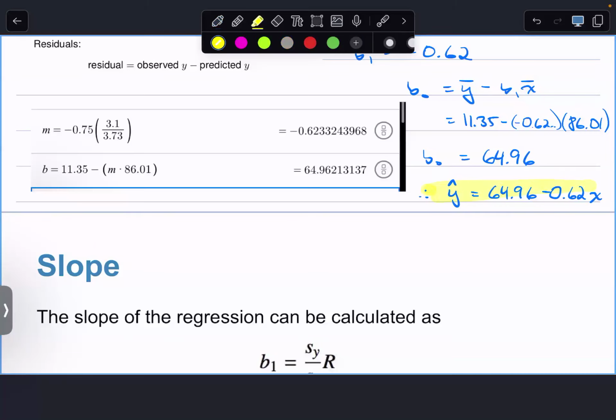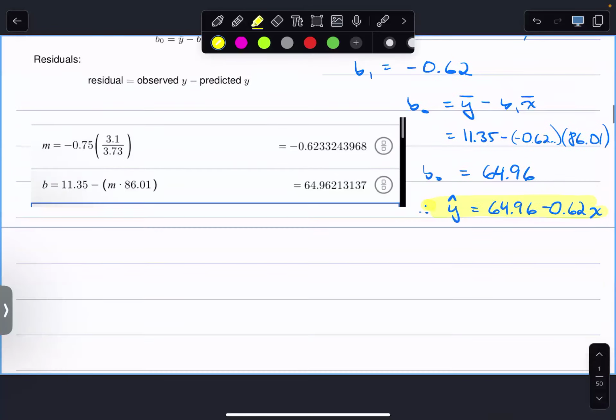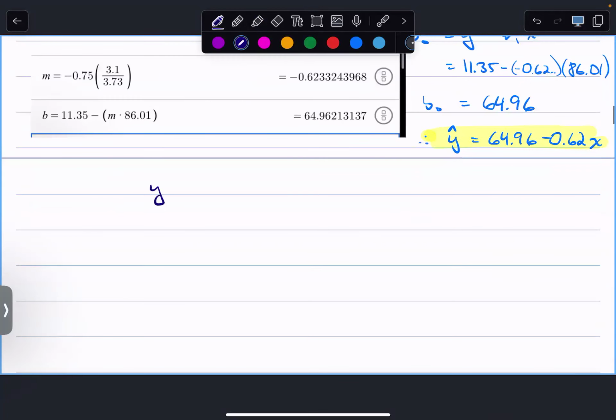I'll highlight that because it's squished on the bottom, and I'll add a page. So here, Y hat is 64.96 minus 0.62 times X. The goal of building this line was to predict values of Y, right?